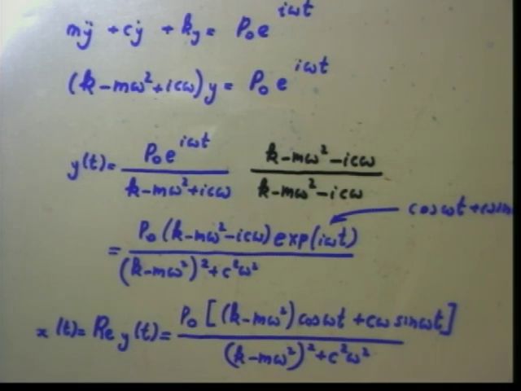So this squared minus this guy squared. But i squared is minus 1, so I will get plus c squared omega squared. So in the denominator, I don't have any complexities.